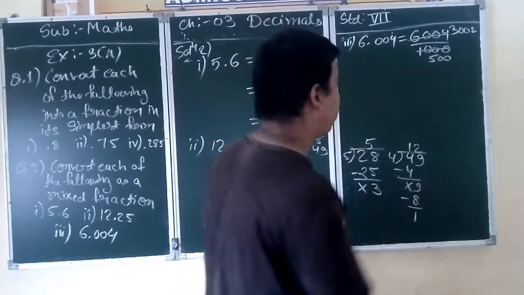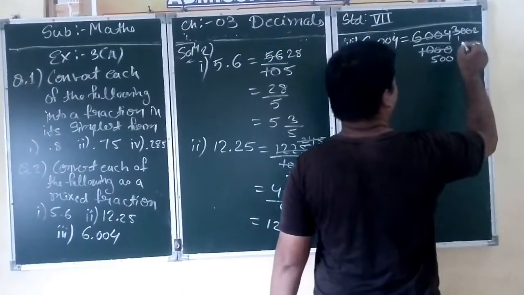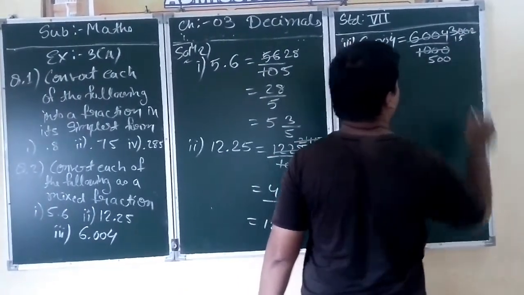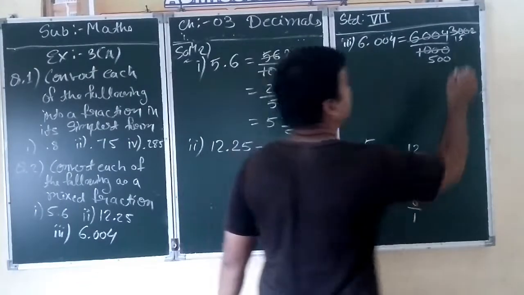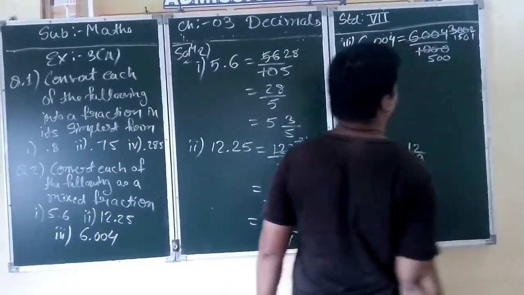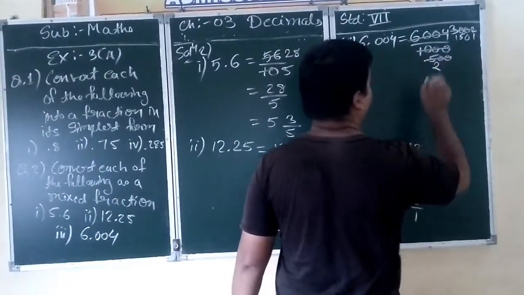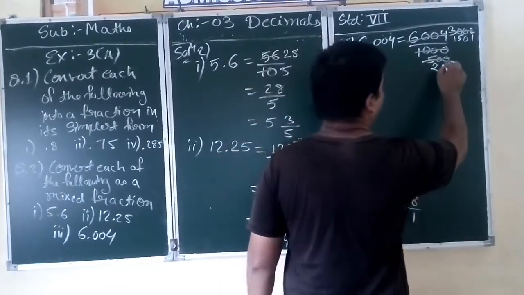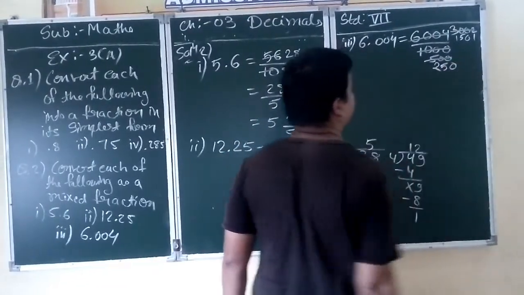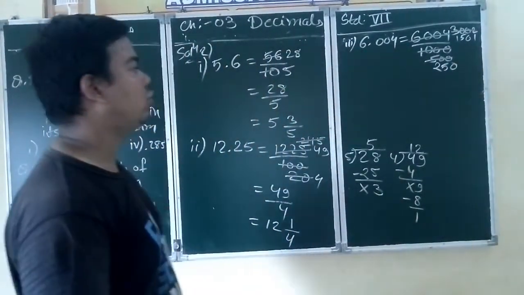We can do more. 2 1s are 2, 2 5s are 10, 0, 2 2s are 4, 2 5s are 10, 0. 250.